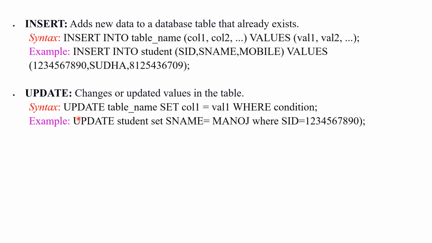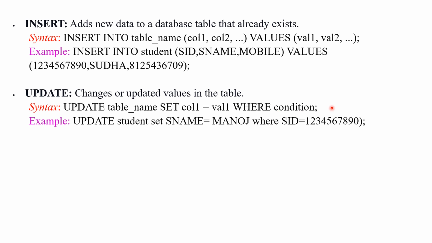The syntax is update table name, set column 1 with the new value. And here we need to mention the where condition. That means out of 10 rows or 15 rows, which particular row you want to modify and which column value you need to modify.